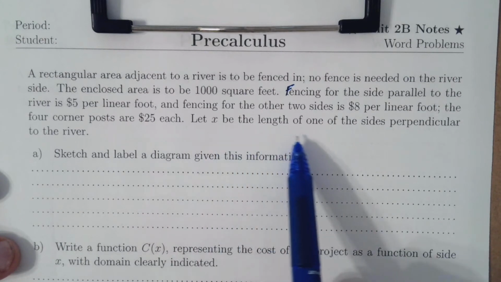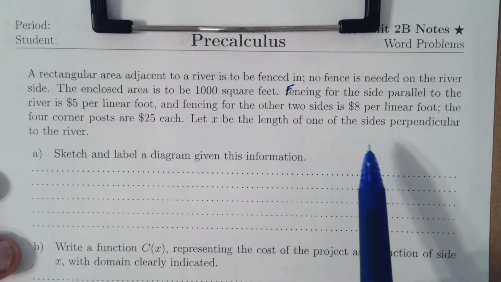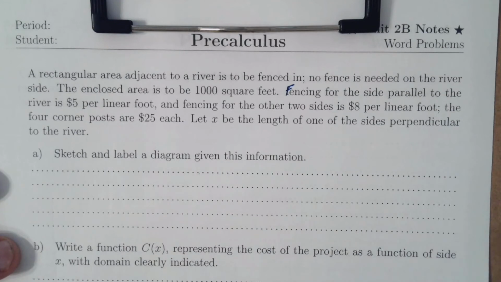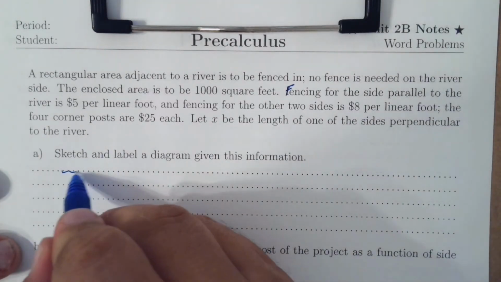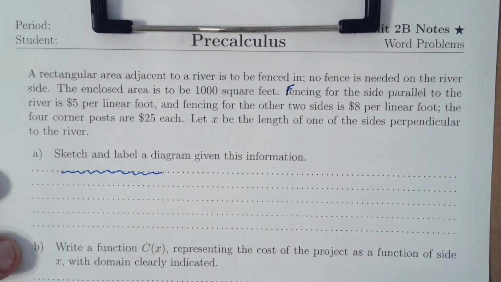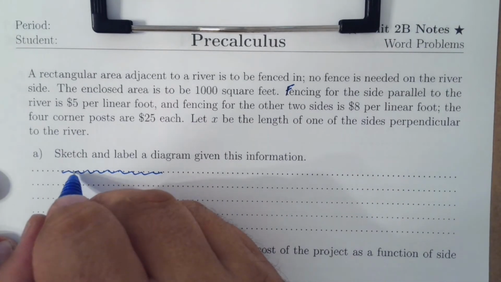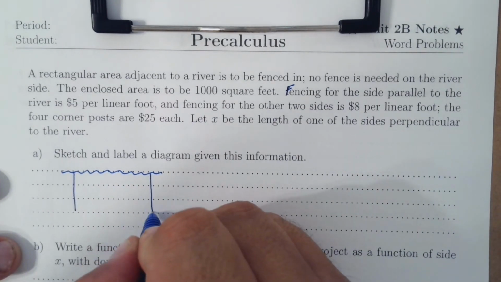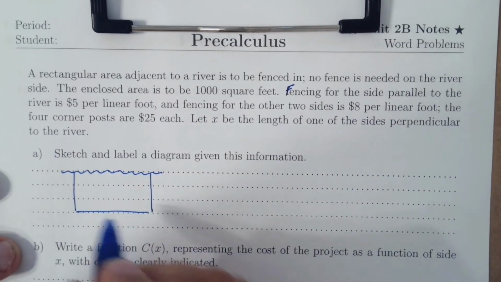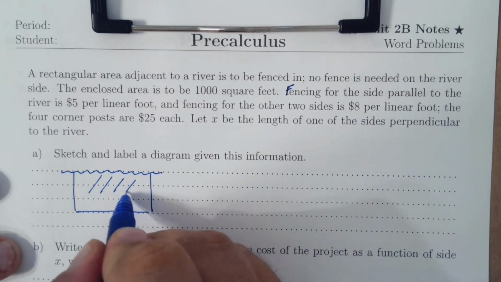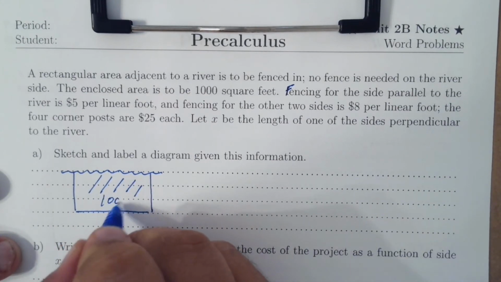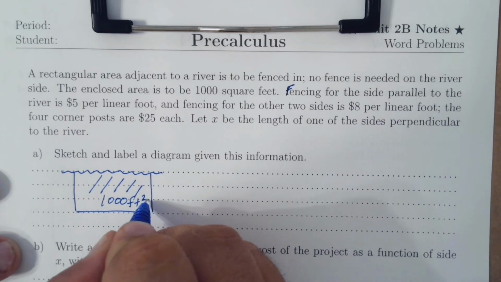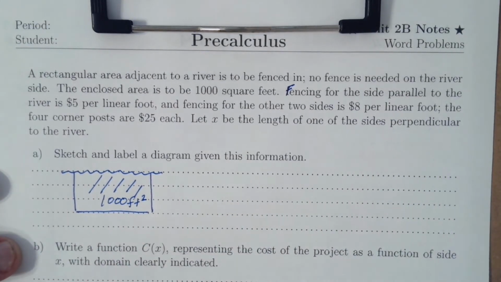Let X be the length of one of the sides perpendicular to the river. So I need to sketch and label a diagram with this information. All right. So let's say that I have a river, right? And I am going to have some fenced in area, right? So here's my fenced in area, and I know that that fenced in area needs to be 1,000 feet squared, right?